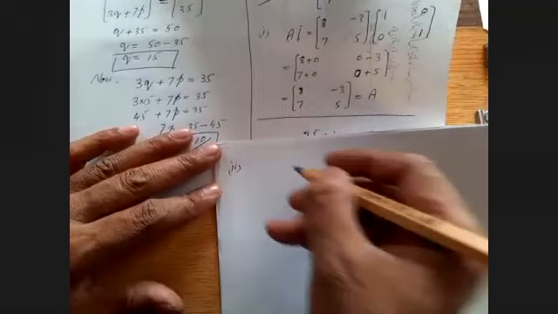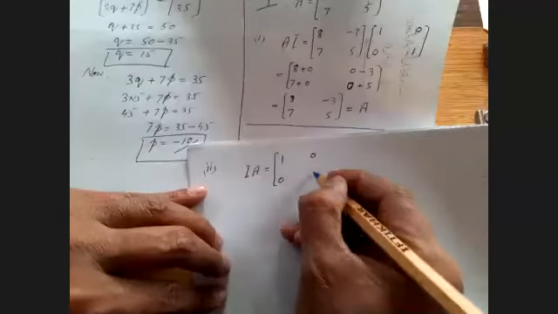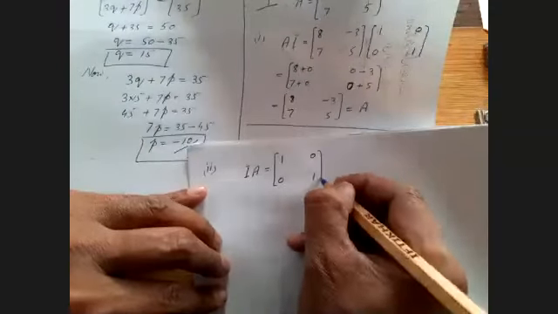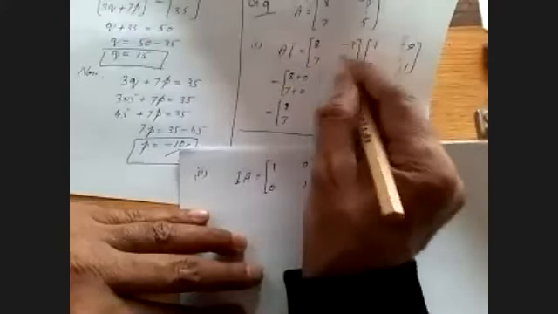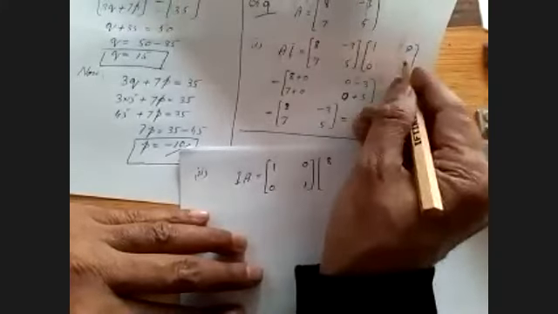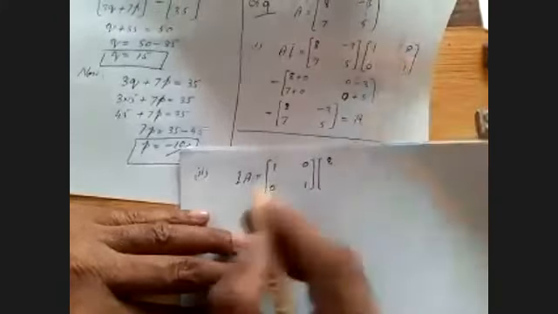Identity matrix 1 0, 0 1. This is the identity matrix. And then I am writing the A matrix, because first I and then A. You have to keep the order in mind that it is written I and A. Here A into I, so A will come first and I second. Here I is coming first and A is coming second.